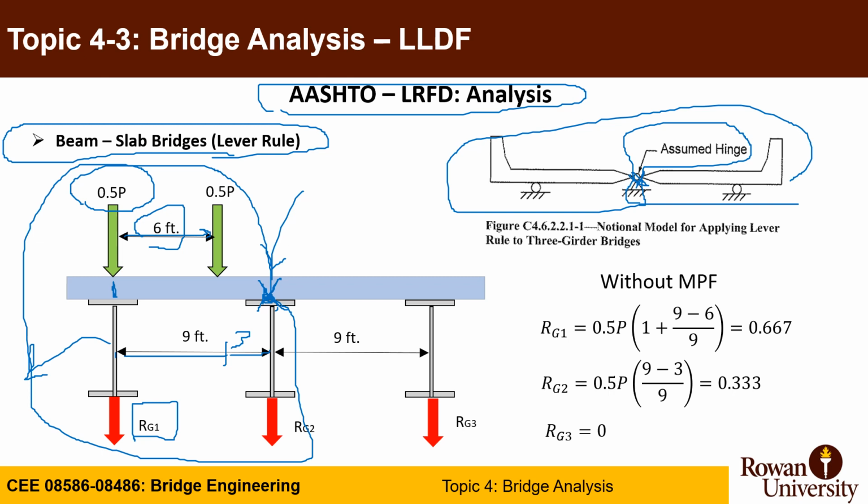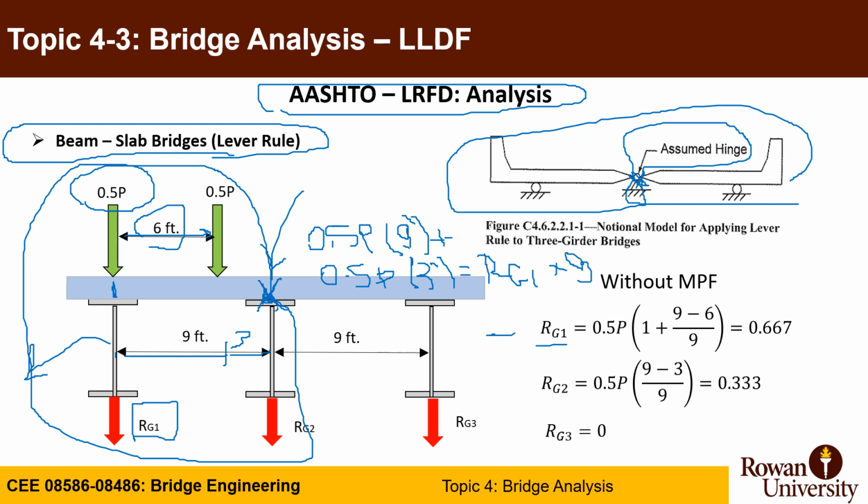So to get the reaction on girder 1, you can say 0.5 P times 9 feet plus another 0.5 P right here times 3 feet, the distance to this hinge, equals RG1 times 9.